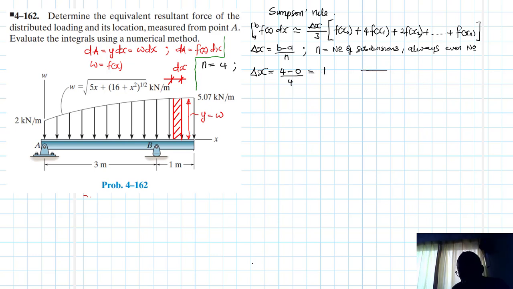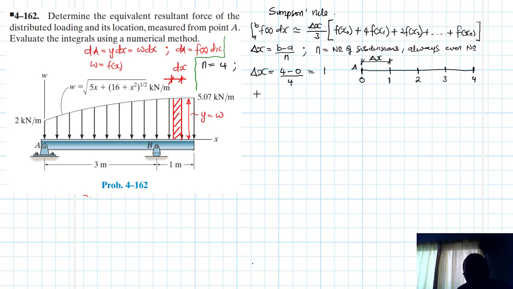If we draw this on the number line, this point is 0. Then this one here, 0 plus 1 is 1, 1 plus 1 is 2, 2 plus 1 is 3, and 3 plus 1 is 4. These differences are the delta x.